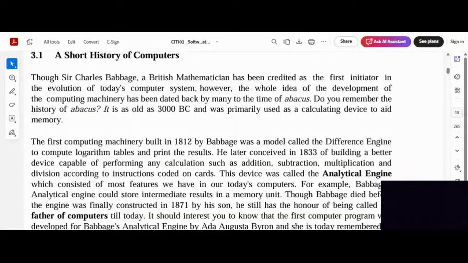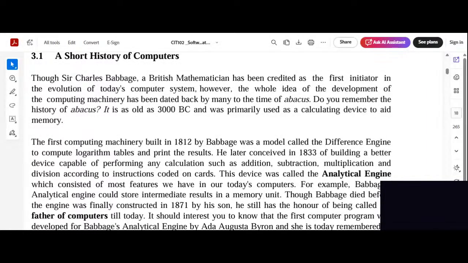Can't we have something that will deal with addition, subtraction, multiplication, and even division? As a result of that intuition, he was able to come up with another engine, which we call the analytical engine.